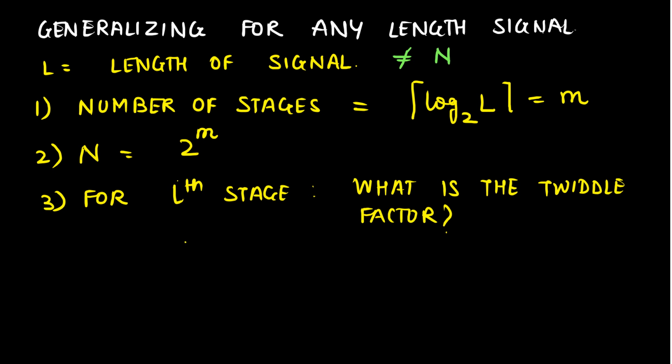And this i would be varying as 1, 2, 3 and so on till m, as we are having m stages. So the twiddle factor at the ith stage can be given as W 2 to the power i, to the power k.